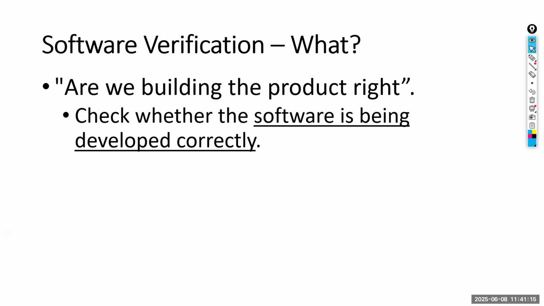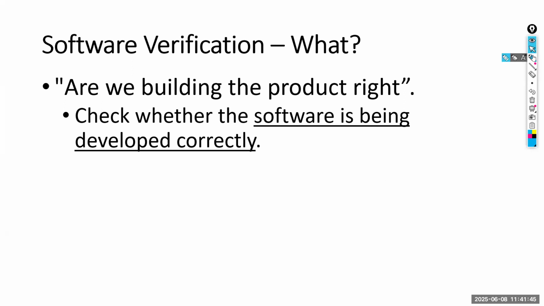How to do that? That includes having quality standards, and reviewing whether you maintain the quality standards. That is where we need very quality-conscious team members, and they follow the quality process, like code reviews and so on. So that is called software verification.